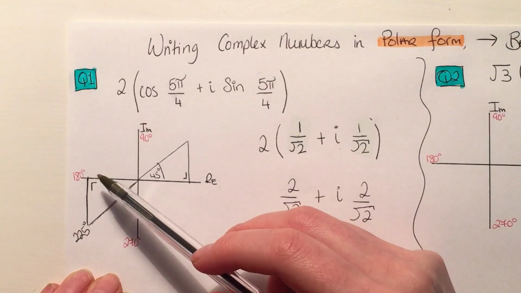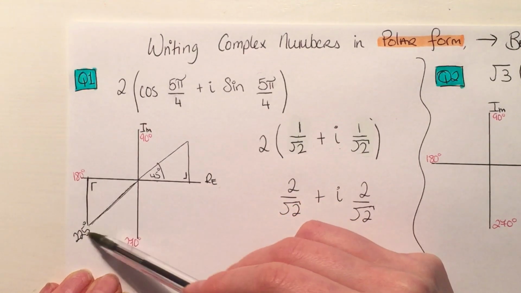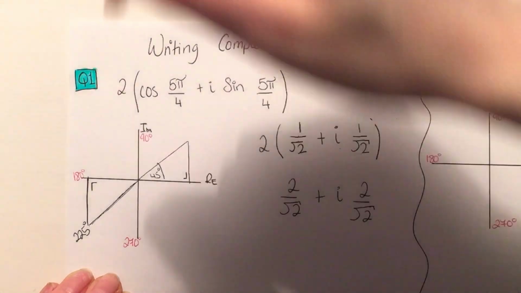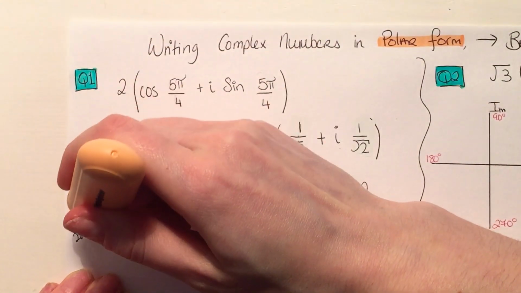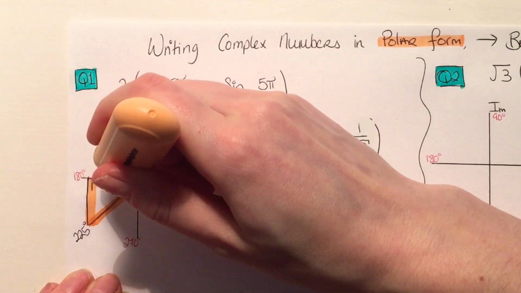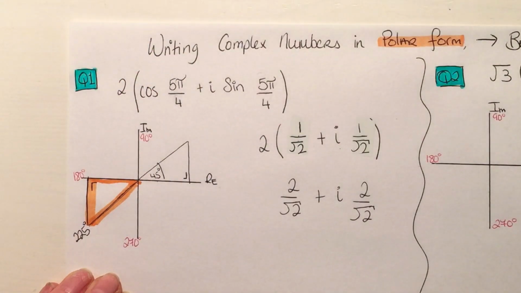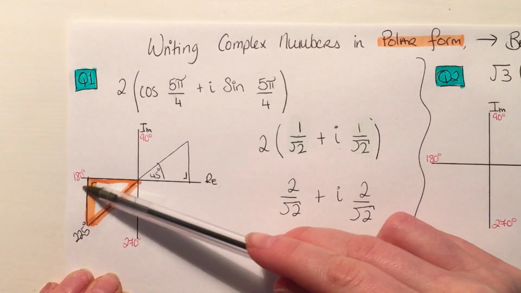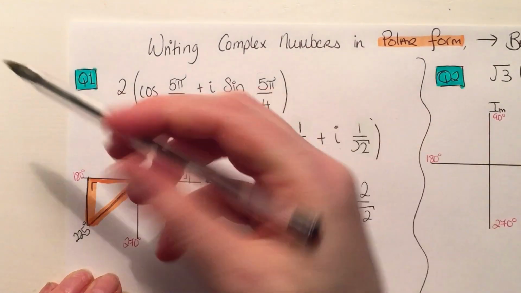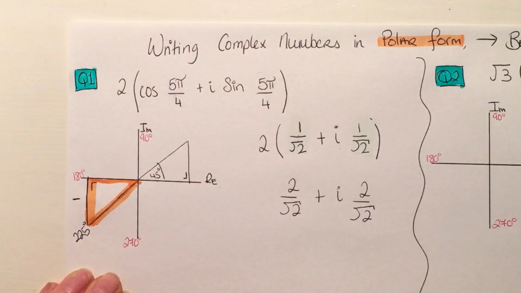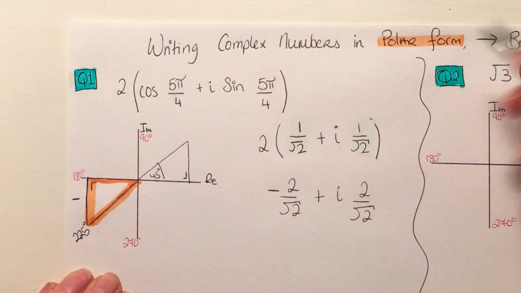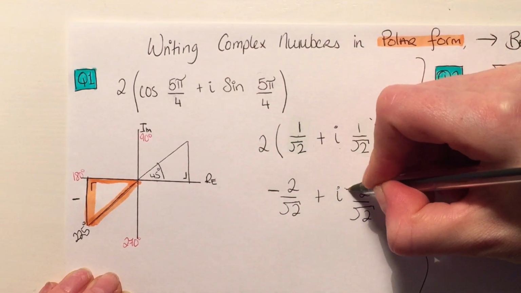You could if you wanted to, but all you want to see is what quadrant your triangle sits in. Because of the 5 being beside the pi over 4, it's actually down here. And remember, down here you're down in the minuses, so this is the minus quadrant. So that makes this a minus, and it also makes this a minus.